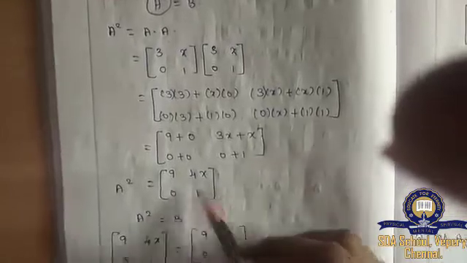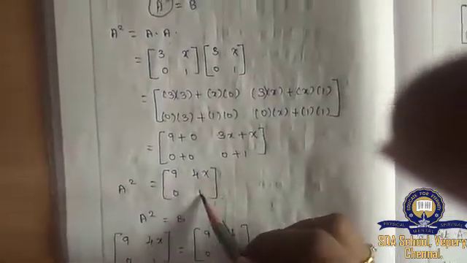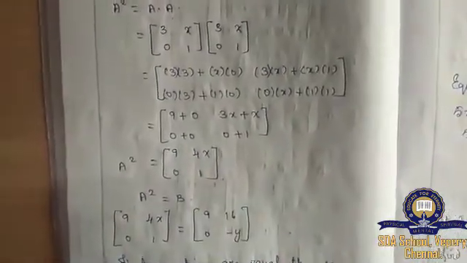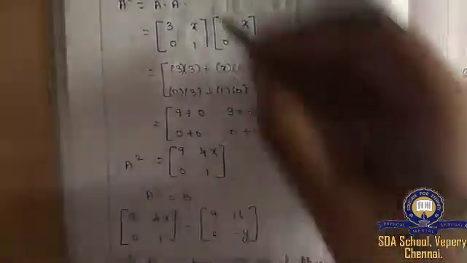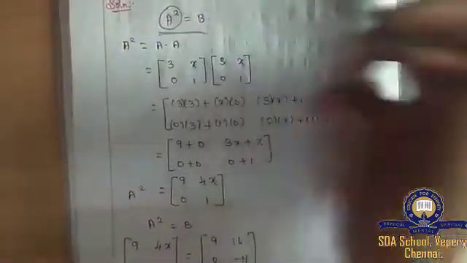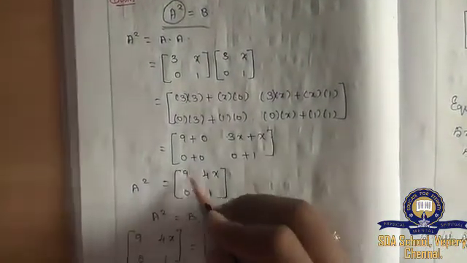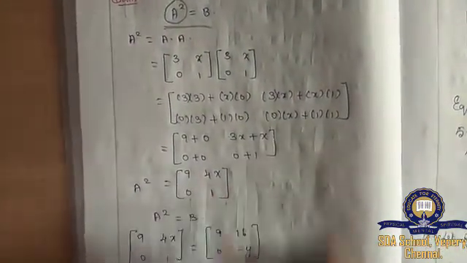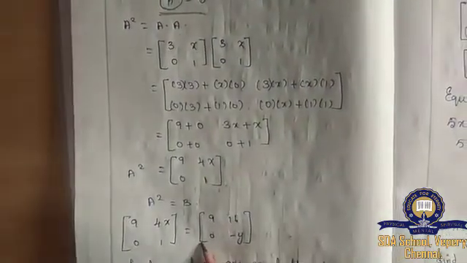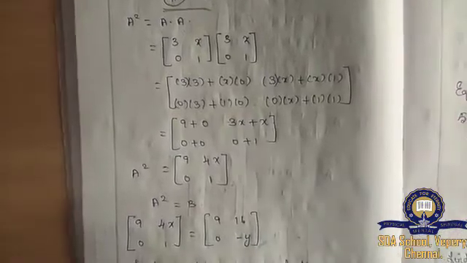Using the same matrix multiplication we have to find the A square value. So now what will be the answer? 9, 4x, 0 and 1. Hope you people can solve it using matrix multiplication. Then move on to this condition. What is the condition given? A square is equal to B. Okay, so the A square value is 9, 4x, 0 and 1. So what is the B matrix? 9, 16, 0, minus 1, given in your question itself. Please go through it.